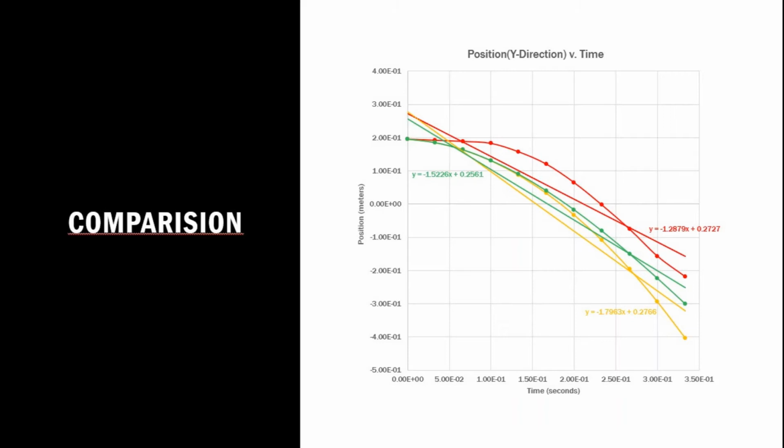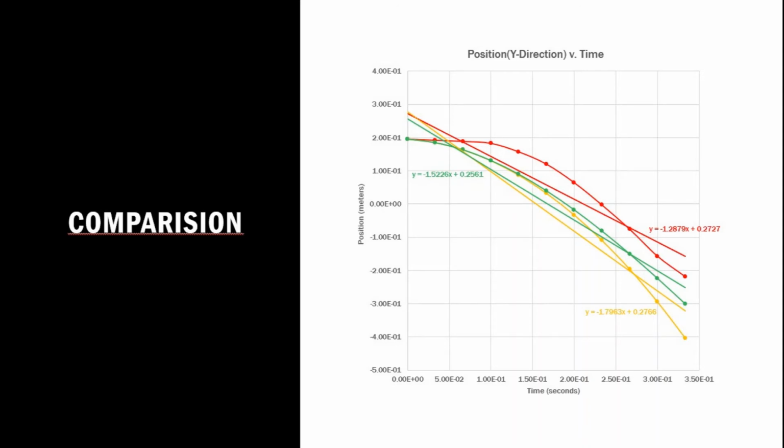On this slide, I charted the position versus time graphs for all three scenarios: the observed model, the predicted model without drag, and the predicted model with the drag force. I added trend lines for each graph so that the average slope of each graph is clear and comparable, because these lines' equations and their slopes allow us to compare the velocity of the ball at different instances as it falls to the ground.